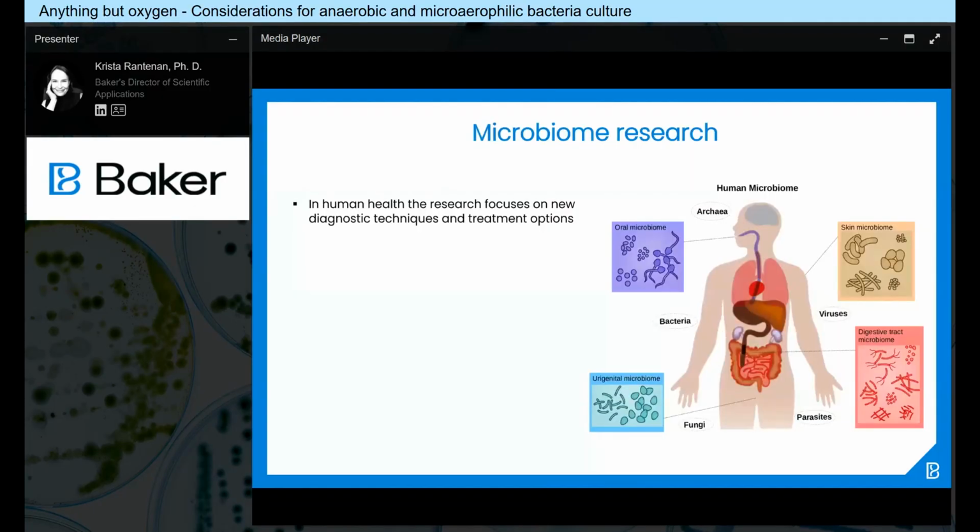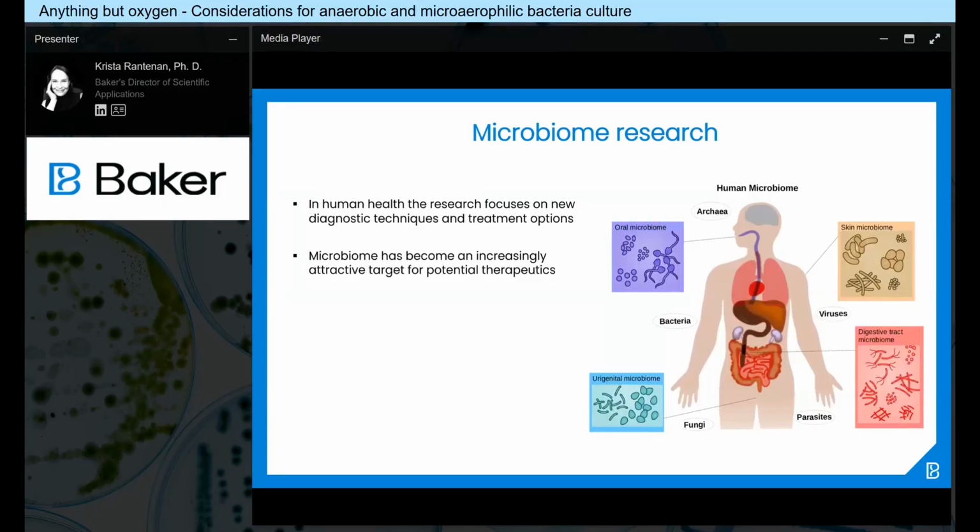So let's go back to the picture that I showed you before. Microbiome research has really focused on new treatment options, of course, and developing them further in certain conditions or diseases, or for new diagnostic techniques.